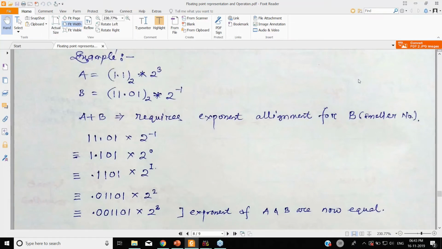In a similar fashion, we choose the value with the smaller exponent and we change the value of b. That is b equal to 1.01, and we can change it to, let me use the pen. The value of b can be changed to this value with a certain mathematical operation. You know that, right?